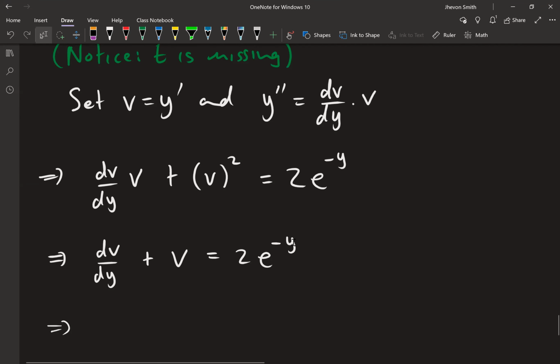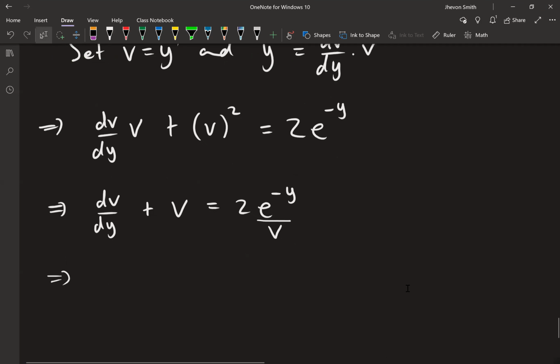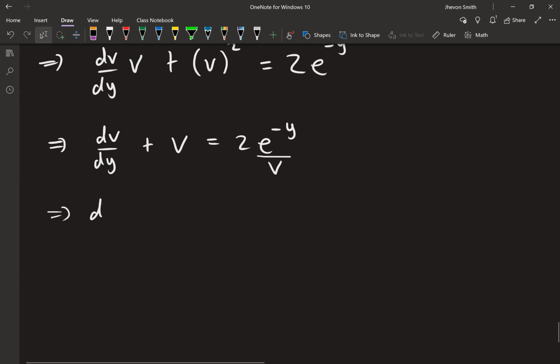In other words, this is going to be dv dy plus v equals 2e to the minus y v to the minus 1.